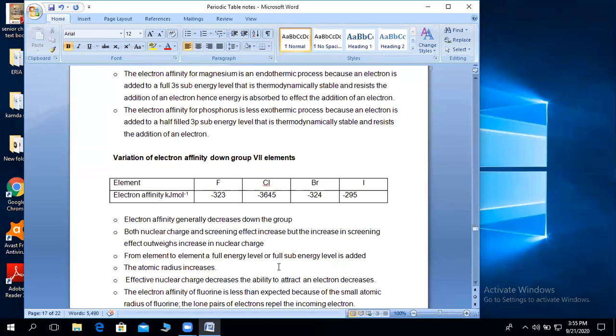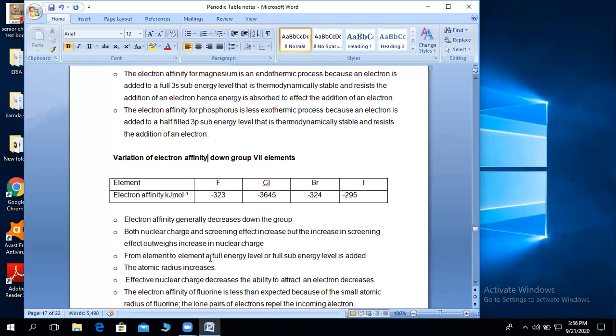So from one element to another, there is an extra energy level that is added, but the number of electrons does not change. So the added electrons in the extra energy level will be screened, or shielded, from nuclear attraction by the innermost energy levels, because you are adding energy levels and the number of electrons remains unchanged.